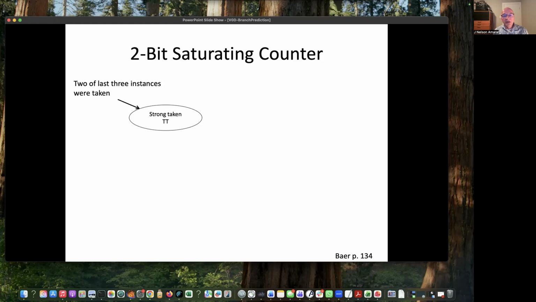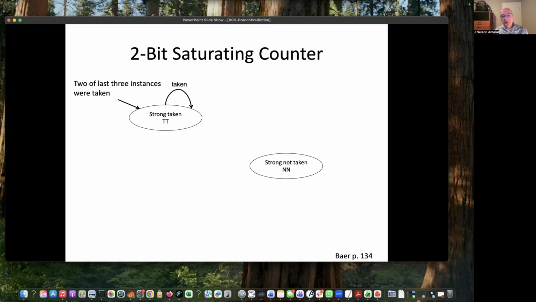So it means that 2 of the last 3 instances of this branch were taken. So think about a majority vote between the 3 last outcomes of the branch. If the branch is now taken, I remain in the strong taken state, because it reinforces my belief that this branch should be taken.